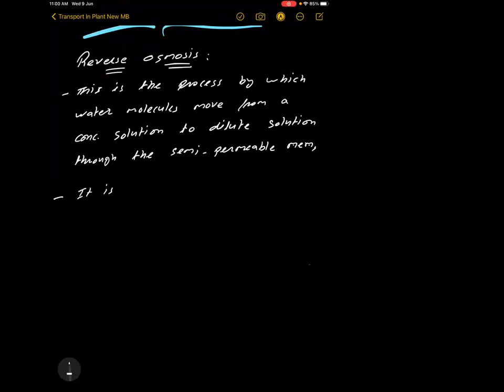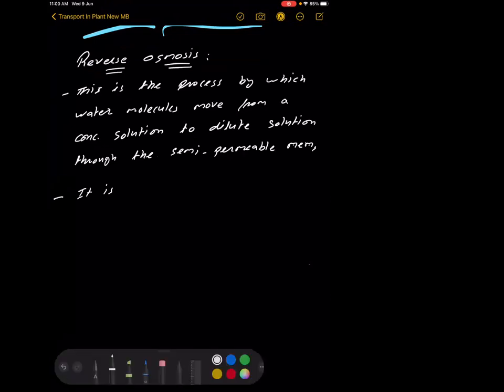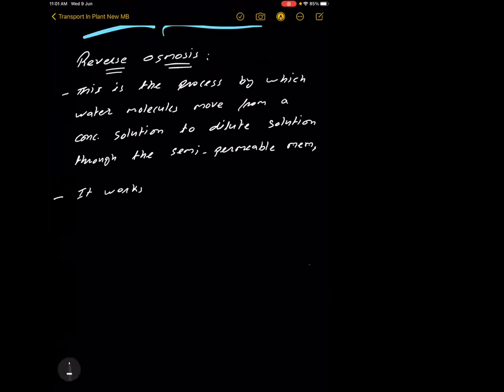It works on the same principle as osmosis, but in the opposite direction.